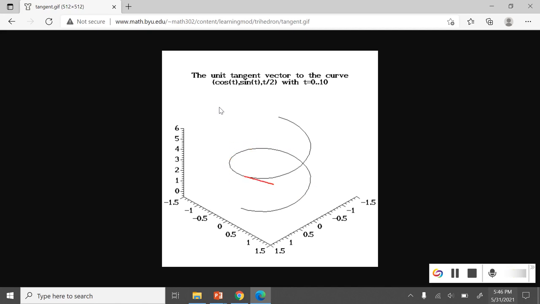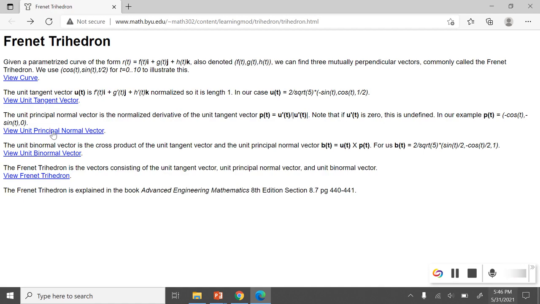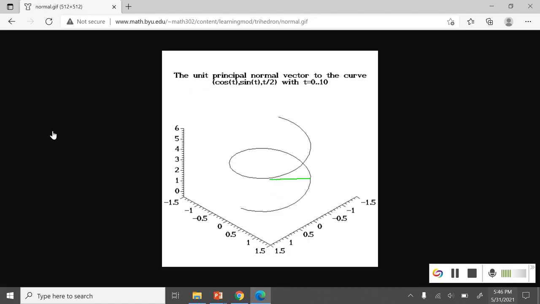Notice the unit tangent vector is tangent to the curve, and it's pointing in the direction that it's moving. So there's our tangent vector. And then our principal normal vector is in green, and see how it's normal to the curve, orthogonal to the tangent vector. And it's always pointing inwards, in towards the curvature.